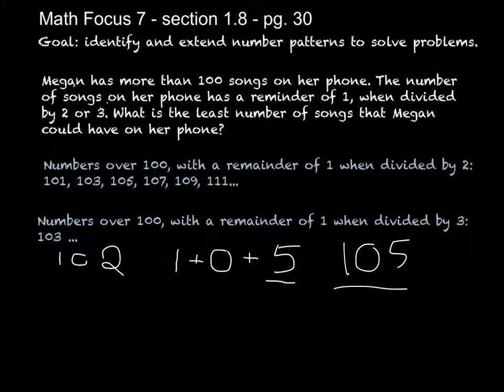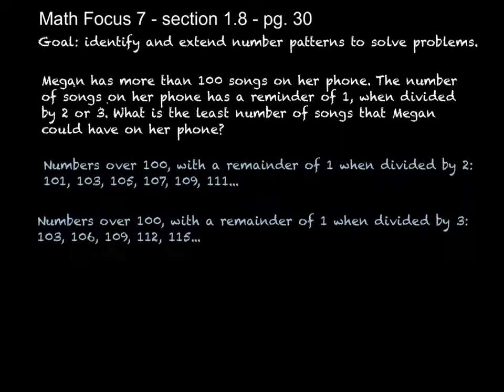So if we wanted to find a number that was over 100 with a remainder of 1 when divided by 3, we would have to add 1 to a number that was already divisible by 3, ending up with 106.